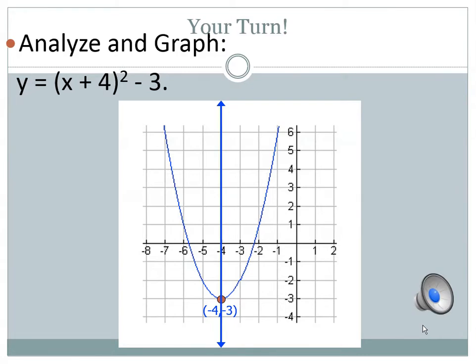Another example was given to the students to analyze the graph, and they will find the vertex as well as the axis of symmetry. So not only graphically, they will also solve algebraically. It is given as (x plus 4) whole squared minus 3. Students will identify that h is negative 4 and k is negative 3.